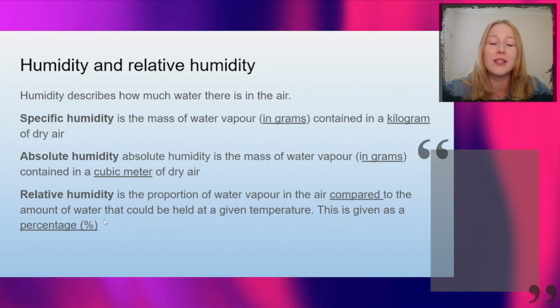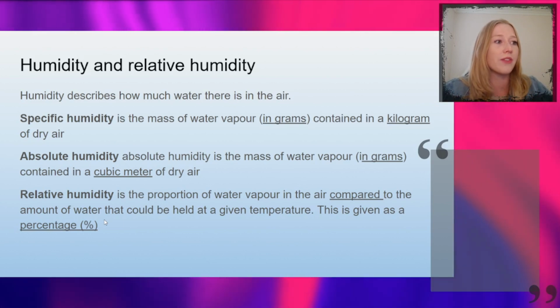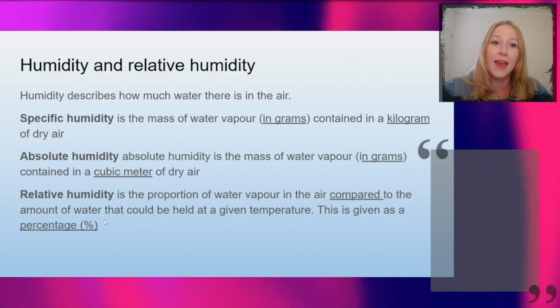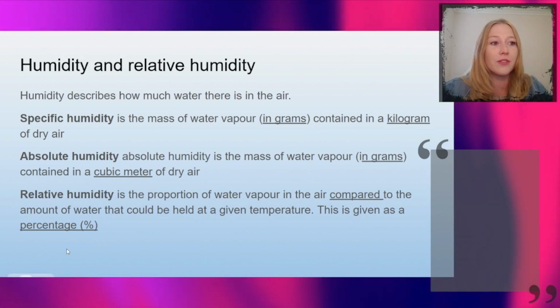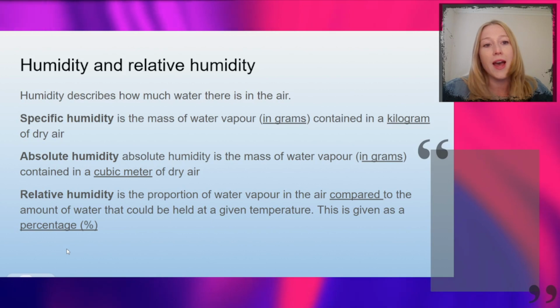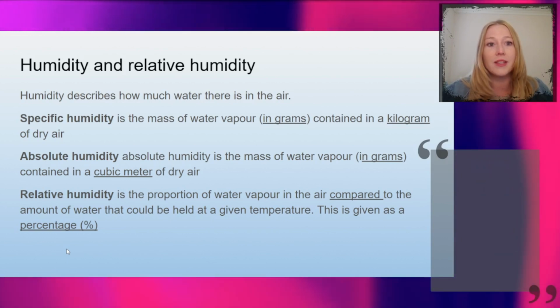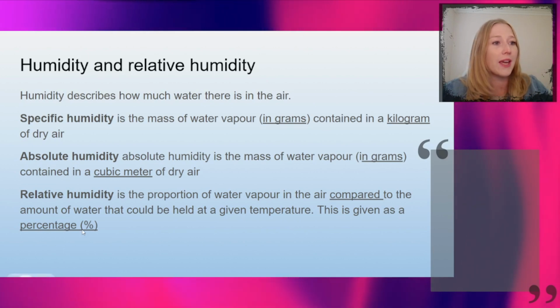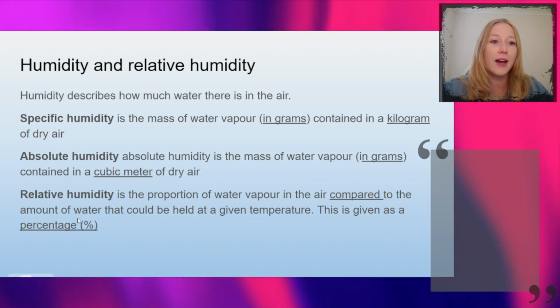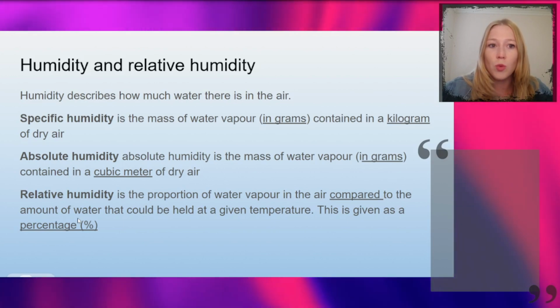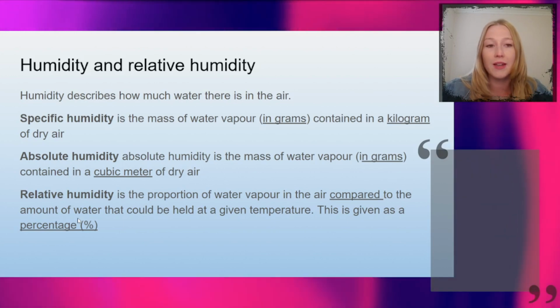Relative humidity tells us how much water vapor there is compared to how much water vapor there can be. It is given as a percentage, and it shows you basically how full the air is. So if the air is at 100% humidity, it means that it's holding as much water vapor as it possibly can.